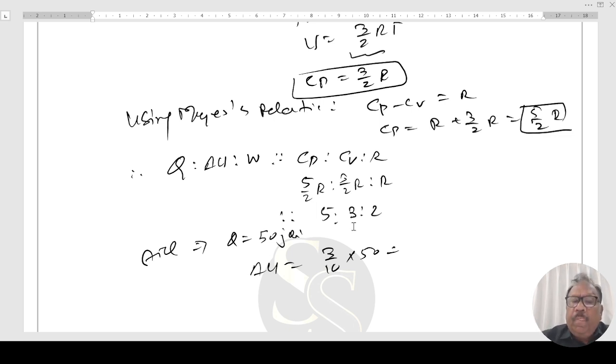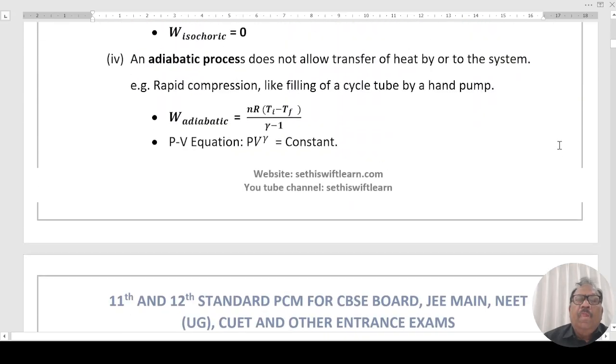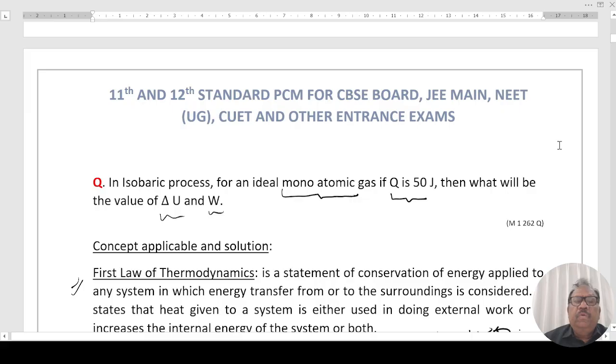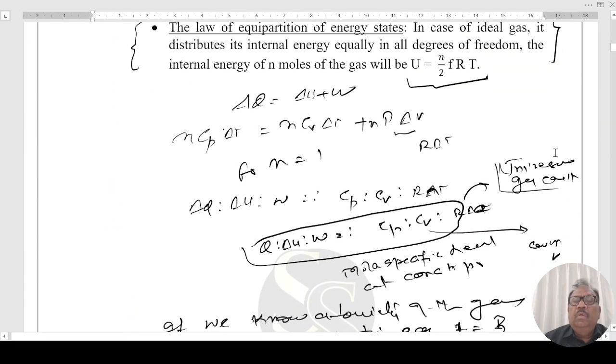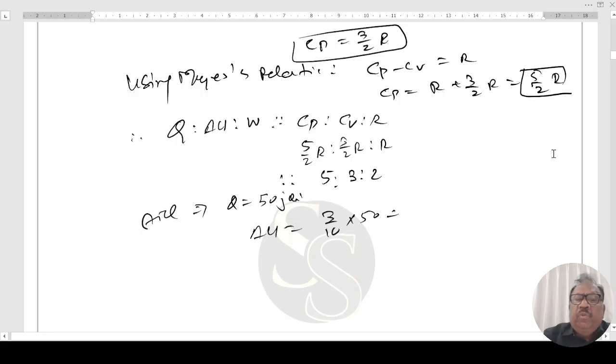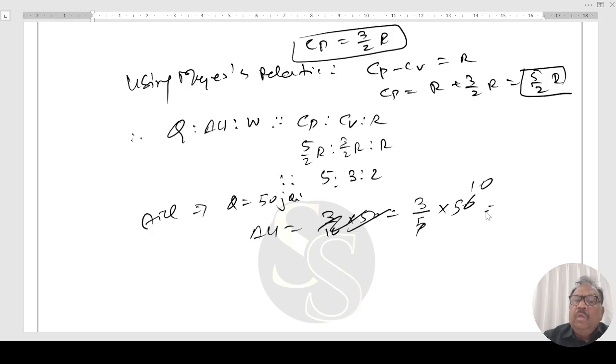The ratio is 5 is to 3 is to 2, where 5 corresponds to 50 joule. So delta U comes out to be 3 upon 5 into 50, that is 30 joule.